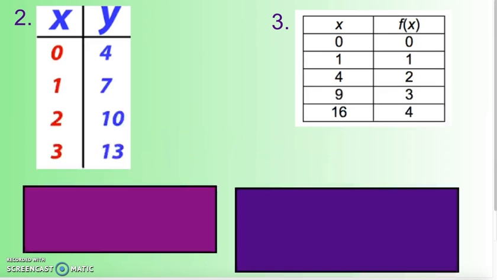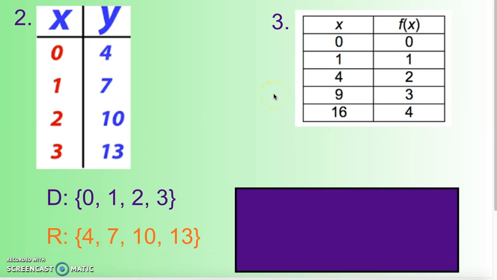Okay, so let's try these. Can you create the sets, the domain and the range for each one of these? I'll give you a moment and then we'll talk about it. Okay, so for the first set, here's what I got.